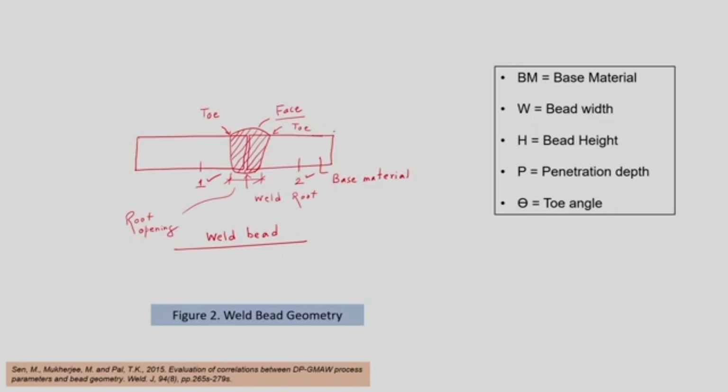The swollen portion, or the portion which is above plate 1 and plate 2, is called the reinforcement of the weld. So, this is the reinforcement of the weld. This is giving the strength to the weld, reinforcement.